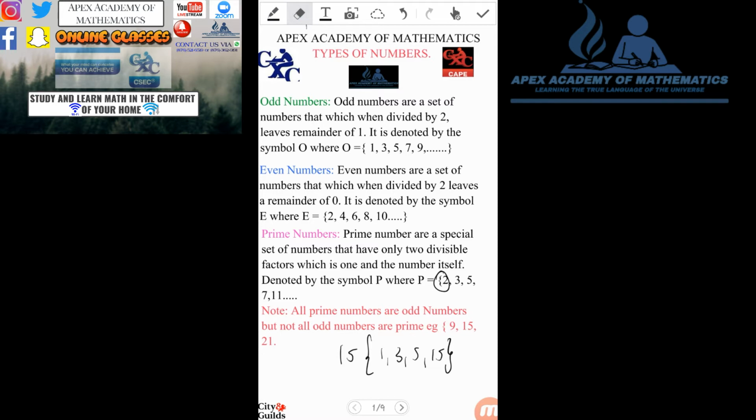So of course 15 is not a prime number. So it's very important you understand that a prime number is a number that only has 2 divisible factors, that is, only 1 and the number itself can go into it.